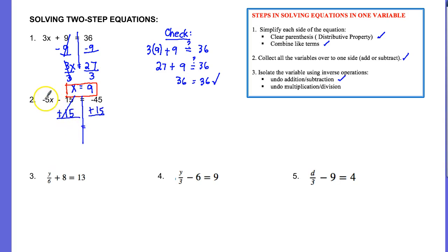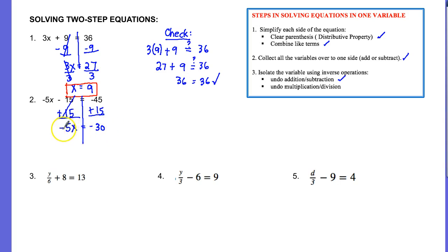So on the left side, you only have negative 5x, and then negative 45 plus 15. So you owe $45, you paid back 15, so you still owe $30. Now, this is negative 5 times x equals negative 30.